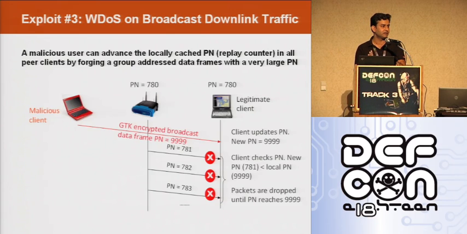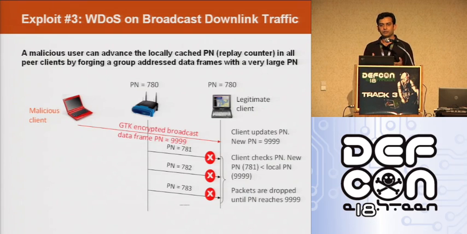All Wi-Fi client devices that have successfully received the attacker-injected high packet number will start dropping all the broadcast packets coming from the access point, which means the protocols which work on broadcast packets will not work, right? Two clients will not be able to communicate with each other because they will not be able to resolve ARP.